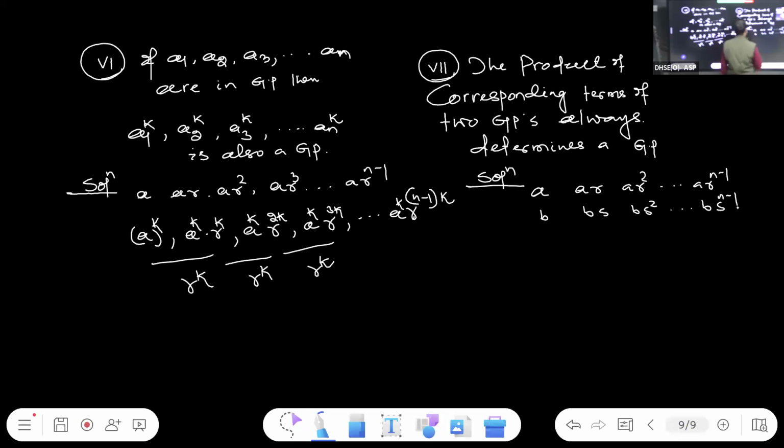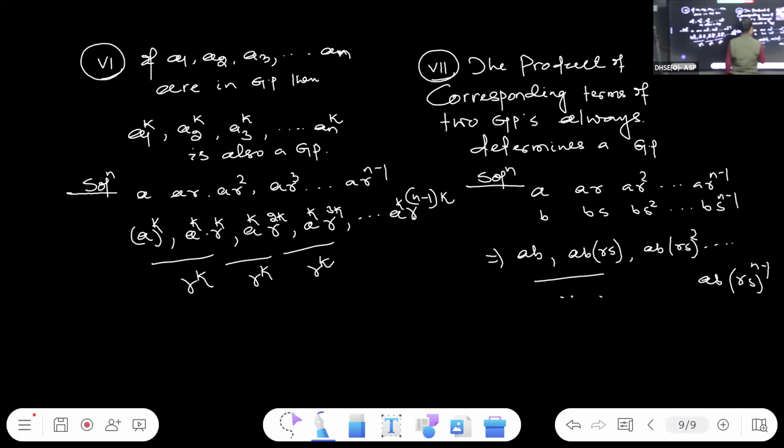If you take the product of corresponding terms, the first term will be ab, the second will be ab·rs, the third will be ab·(rs)², and the last term will be ab·(rs)^(n-1). The ratio of the second term and the first term is rs. The ratio of the third term and the second term is rs. The common ratio is rs and it is maintained, so the sequence is a GP.